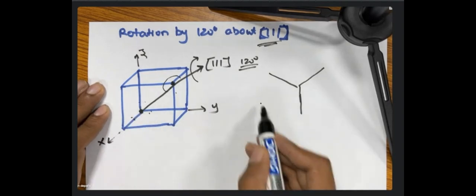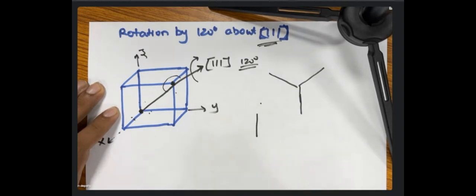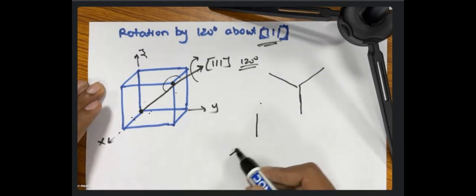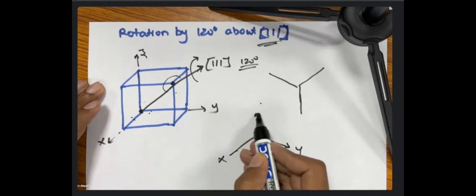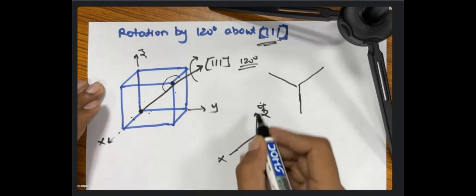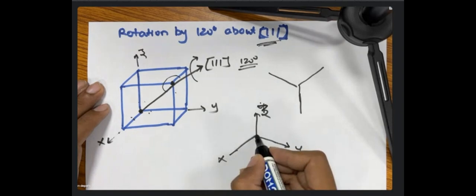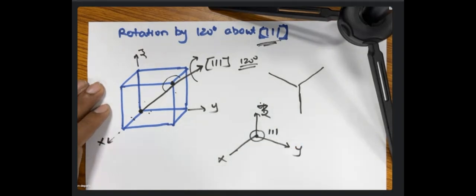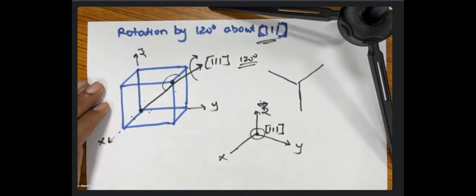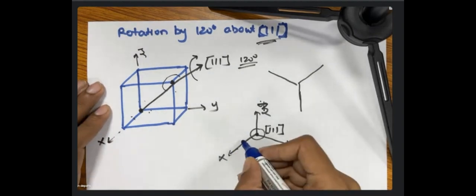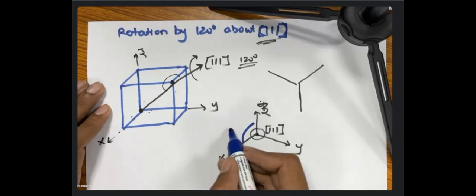So this is our z, x will look something like this, and this will be the y. And this is the rotation axis which is [111]. If we just project it, we are going to see something like this along the [111], and just by the symmetry, the angle between them is 120 degree.